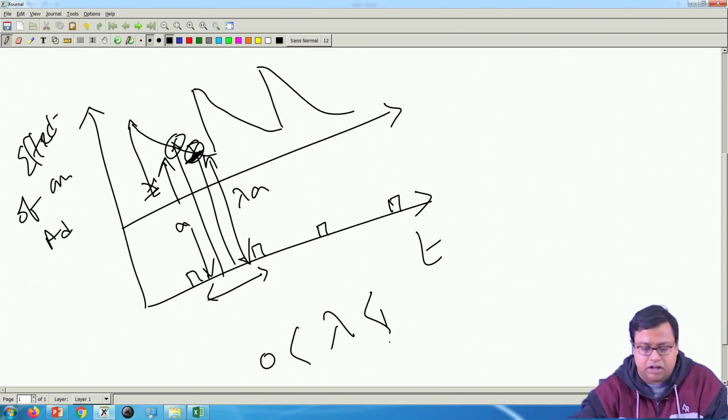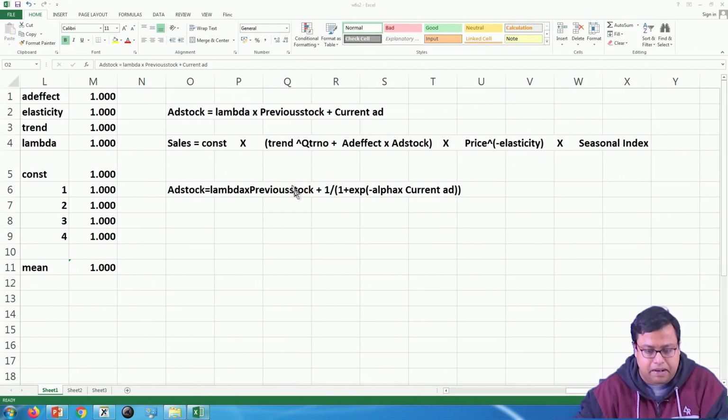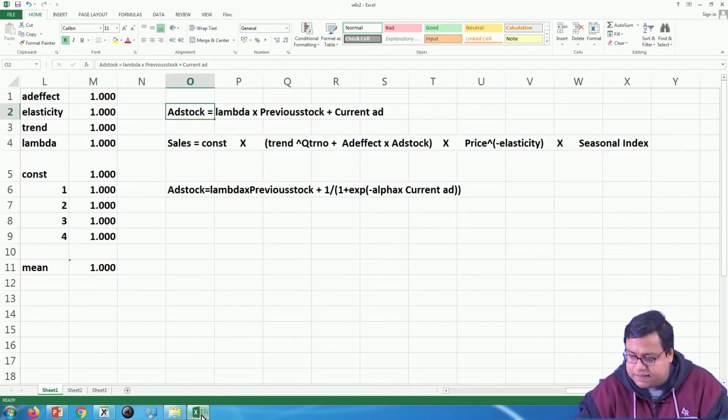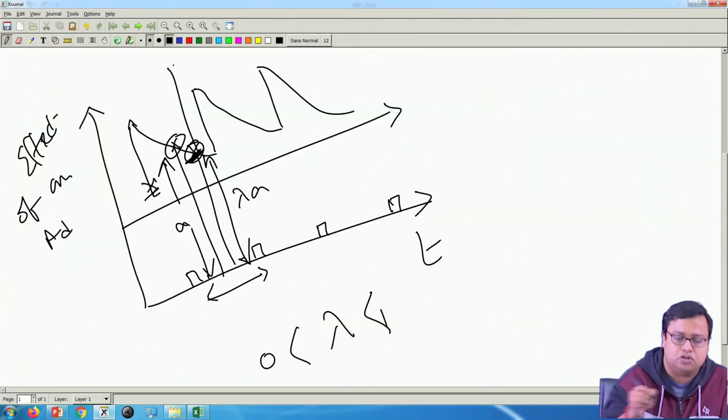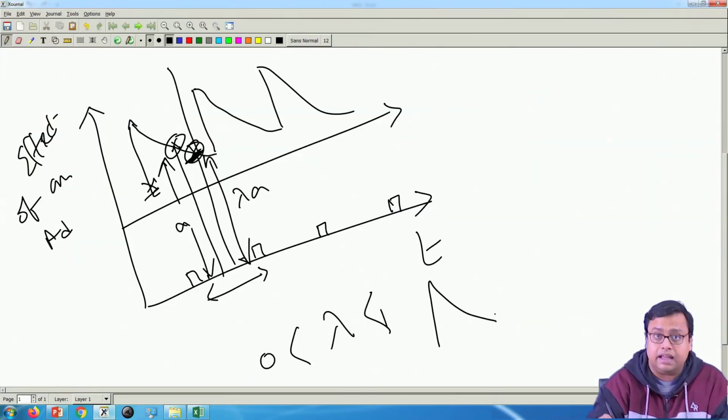So the ad stock is lambda times the previous stock plus the current ad spend. If you give certain ad at this point, it will shoot up, then it will decay. If you give certain ad here, it will again shoot up.